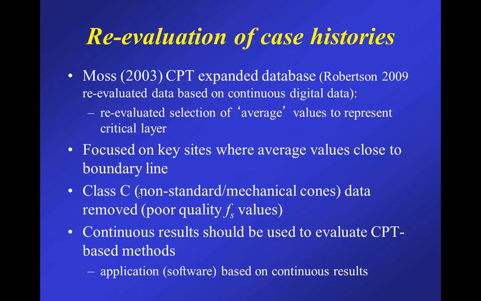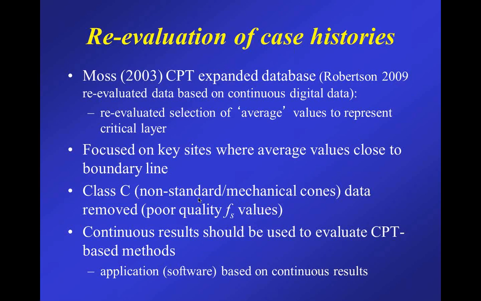that boundary line. Also, Rob had a number of classes of data: A, B, C, and D. He excluded the D data as being very poor, but he kept in the Class C data, and this Class C data was mostly non-standard or mechanical cone data, a lot of it coming from China, where they used a non-standard Chinese cone.